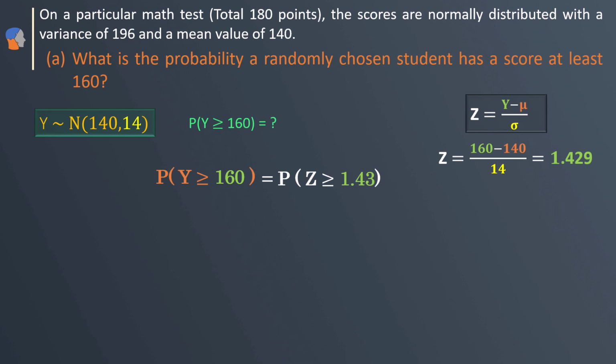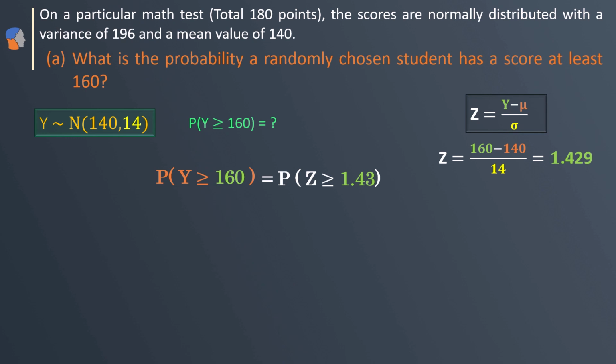Here you see I calculated the z value to 3 decimal places, but we need to round our z value to 2 decimal places before we continue. Right. Now we have probability P(z ≥ 1.43).